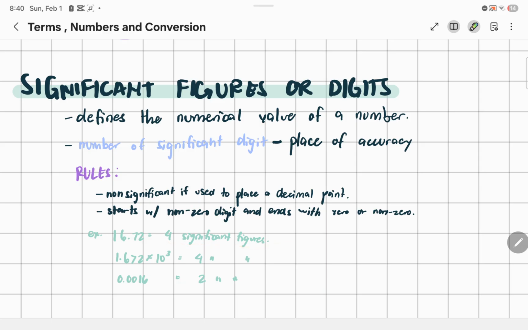But if it is 0.1672, you will omit the 0 because it has no value, since it's at the start. But if it's in the middle, for example 106.72, then you count the 0. So this number has 5 significant figures: 1, 2, 3, 4, 5.